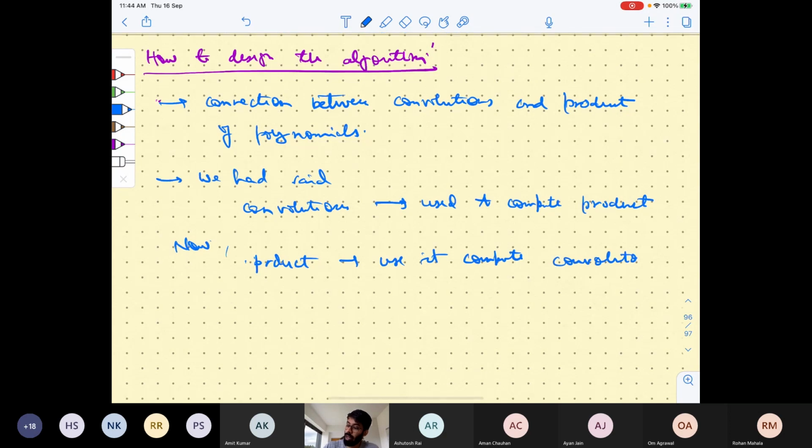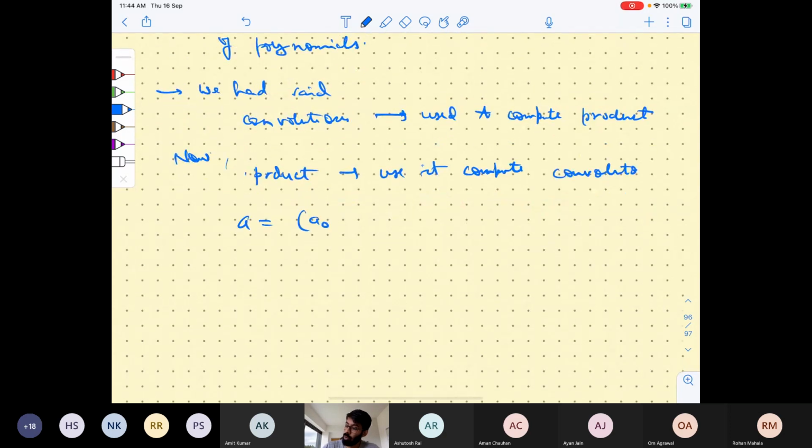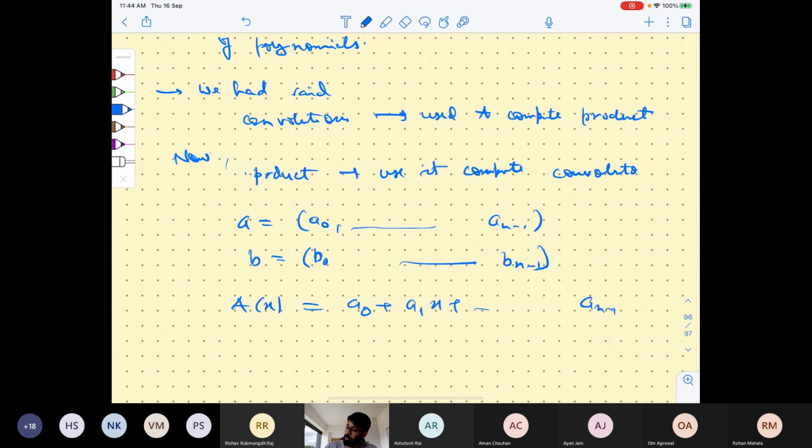We are given two vectors now, a is equal to a0 to an minus 1, and another vector b0 to bn minus 1. So now we associate two polynomials, A(x) is equal to a0 plus a1x plus whatever up to an minus 1 x to the n minus 1, and B(x) is equal to b0 plus b1x plus up to bn minus 1 x to the n minus 1.